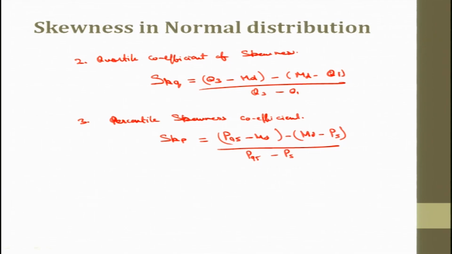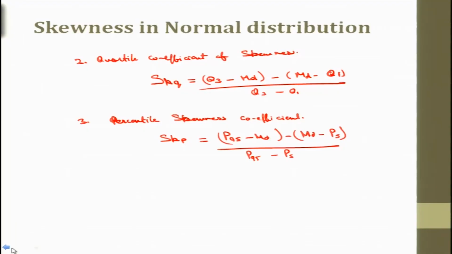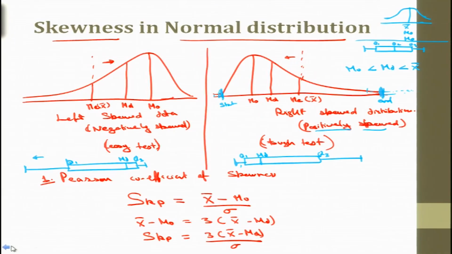I can pick any percentile, rather any quantile to find the coefficient of skewness. The thing is that I just need a coefficient. The coefficient would have a sign and a magnitude. Sign would represent whether it is negative or positively skewed, and the amplitude would represent the extent of skewness. Is it highly skewed or just moderately skewed or very lightly skewed? That can be determined.